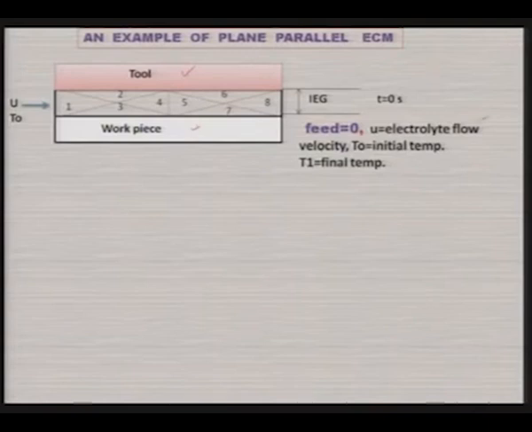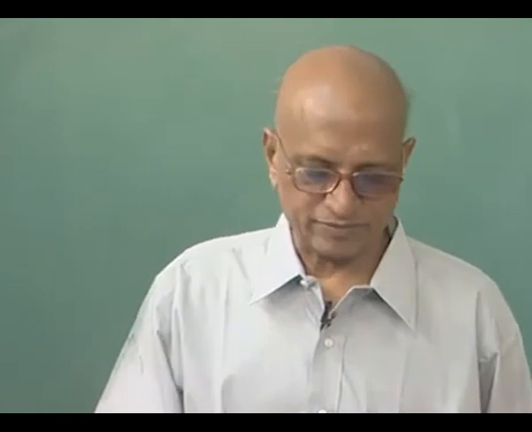You may be given electrolyte flow velocity at the inlet, the initial temperature of the electrolyte, and T1 can be the final temperature at the end when it is coming out, and other details are given as I have mentioned earlier. Initially the inter-electrode gap at every point will be the same, as you can see over here, and this inter-electrode gap has been discretized to solve this particular problem with the help of finite element method.